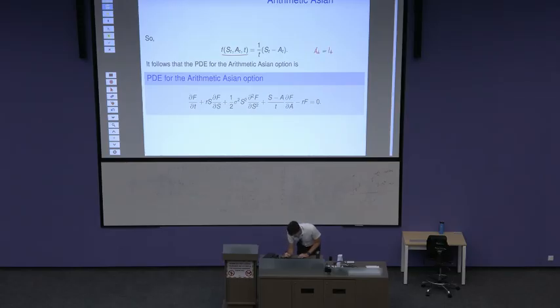Previously I had an expression of the form dI, but now I have A_t, so I can just replace I by A in this situation, and this is my f. If you compare this with the PDE we derived earlier, you can replace I by A, which is nicer because you understand A, it's just the average value, and f can be replaced by (S minus A) divided by t.